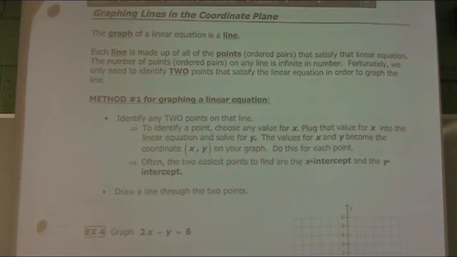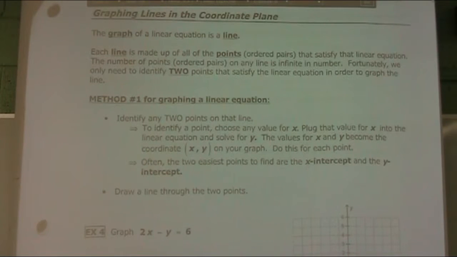And remember, we said the number of points or ordered pairs on any line is infinite in number. Fortunately, in order to draw the line, we only need 2 points. So if we can find 2 points on the line, we can then put a ruler down and draw a line through those 2 points.